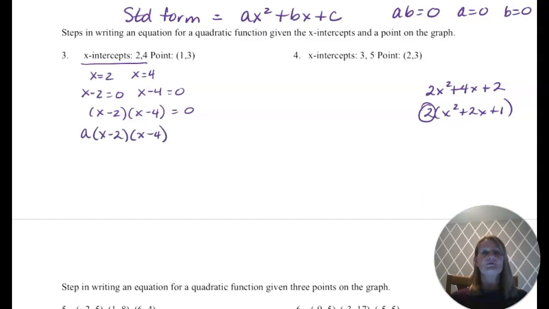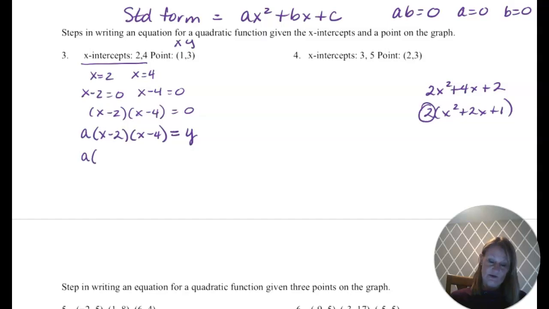The other thing, since we're finding the equation for graphing it, we're also going to let it equal y, because remember when we solve it, we say let y equal 0, and now we're going backwards. So we need to find our equation. Well, this is where our point comes in, because from our point, we know our x and a y. So just like the last time, we're going to put those values in and find out what a is.